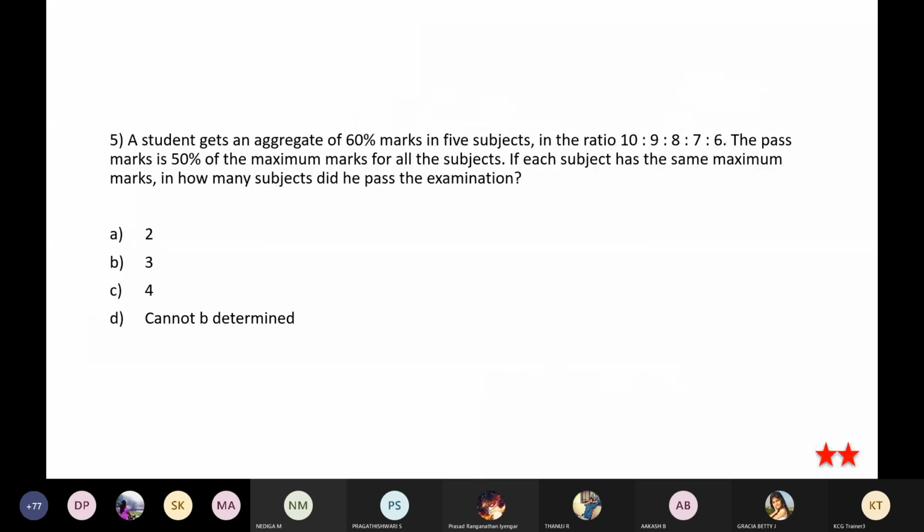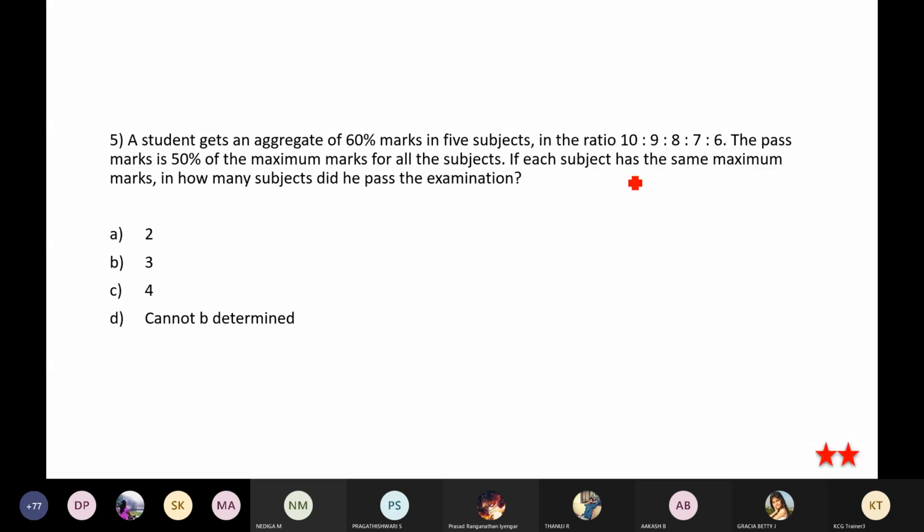A student gets an aggregate of 60% marks in 5 subjects in the ratio 10 is to 9 is to 8 is to 7 is to 6. The pass marks is actually 50% of the maximum marks for all the subjects.